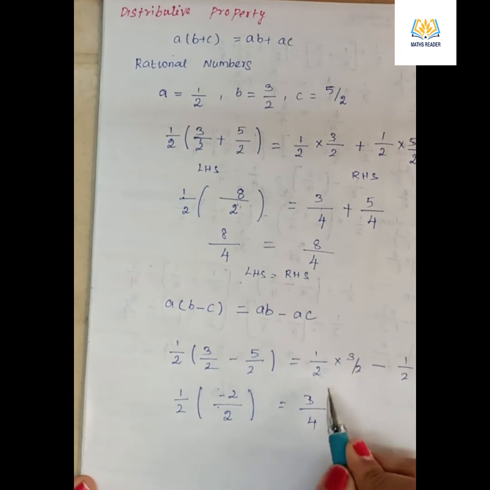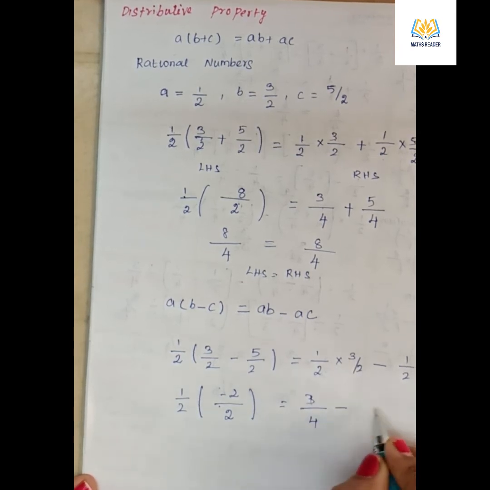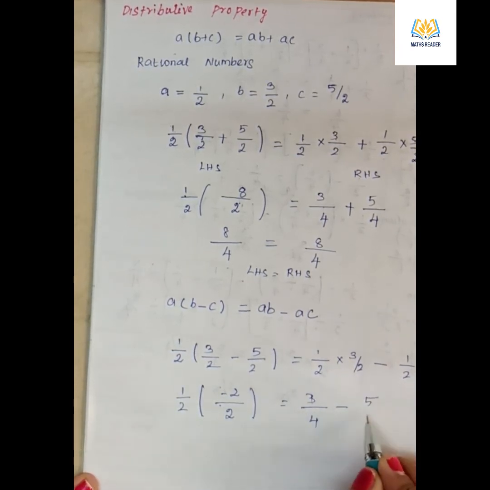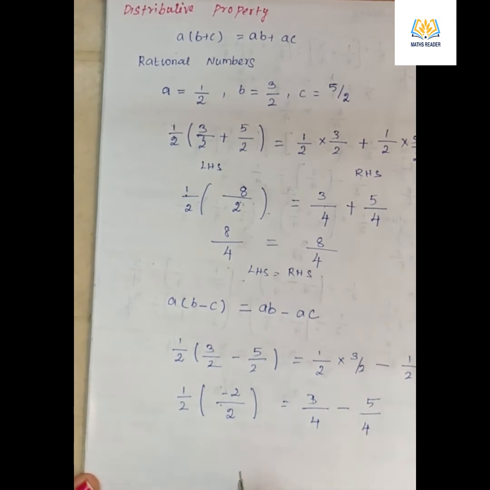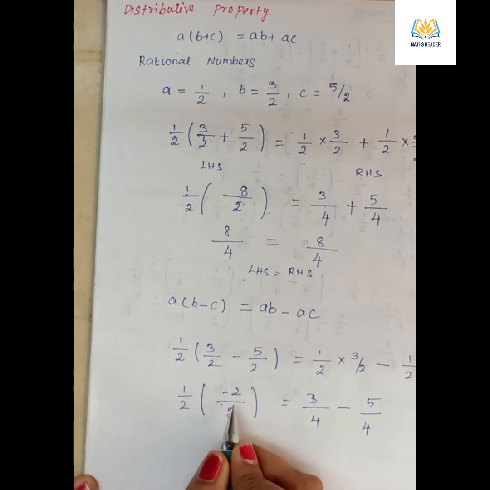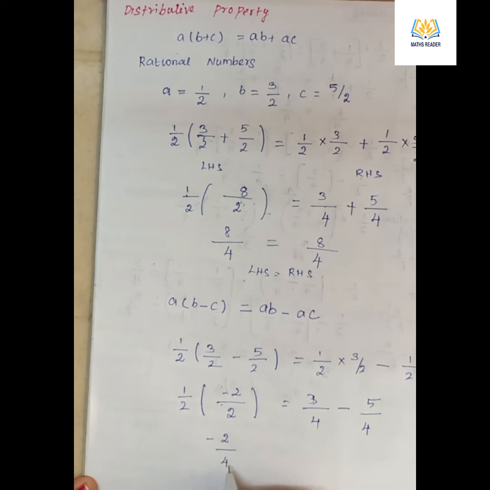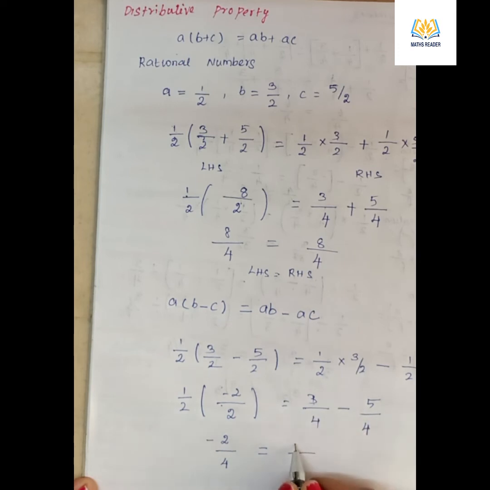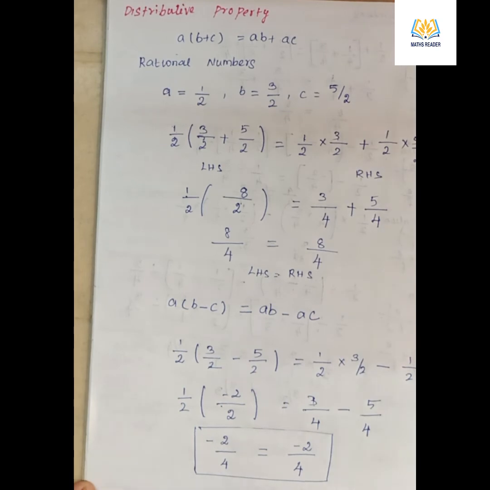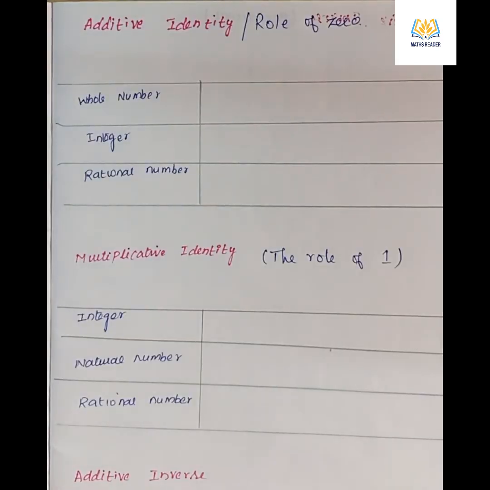So 1 into 3 is 3, 2 2s are 4, minus 1 5s are 5, 2 2s are 4. This is equal to, then multiply 1 by 2 into 2 by 2. So minus 2 by 4 equal to, the denominators are same, take 4, 3 minus 5 is minus 2. So minus 2 by 4 is equal to minus 2 by 4. Left hand side is equal.